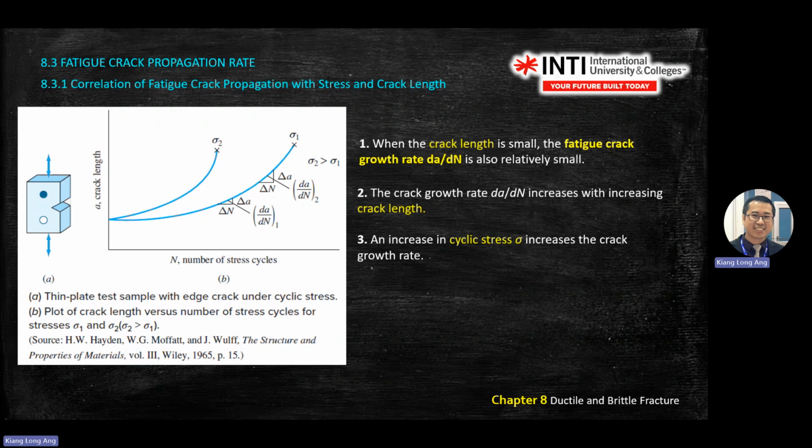Number 3 is if you increase the number of cycles N, the crack growth rate increases. If you increase further, you see the curve of the line also changing, so the slope becomes steeper. So da/dN is the slope of this graph, a versus N.